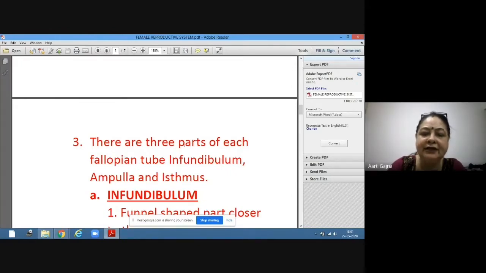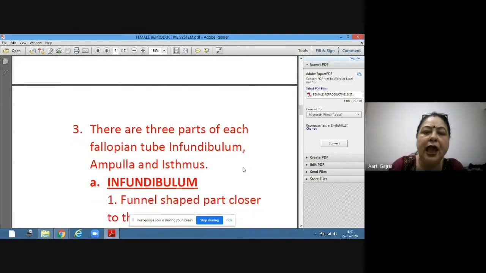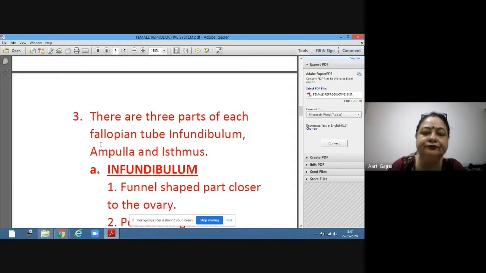And these 3 parts are infundibulum, ampulla, and isthmus.